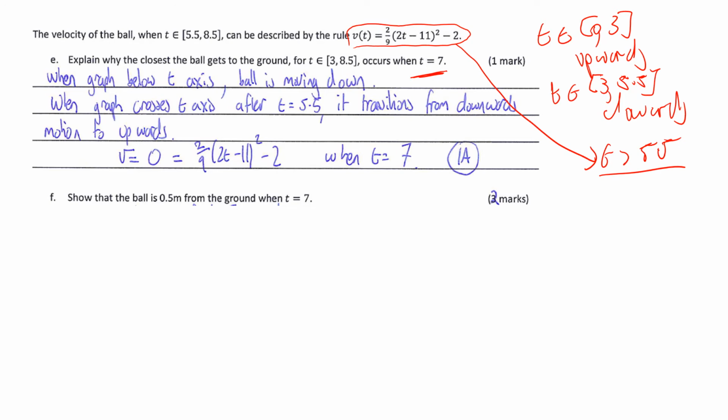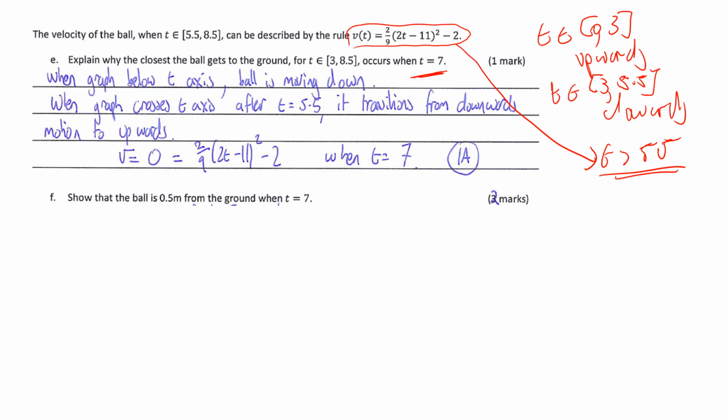And so whenever that parabola hits the t-axis, that's representing when it's momentarily at rest, and it also signifies the end of its downwards journey. So that's what I've got here.